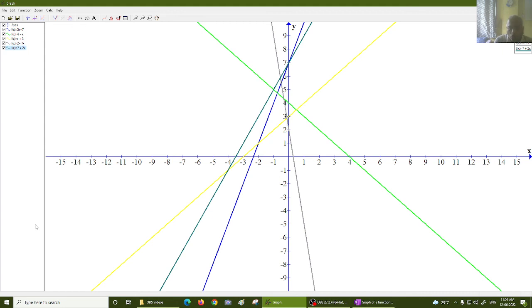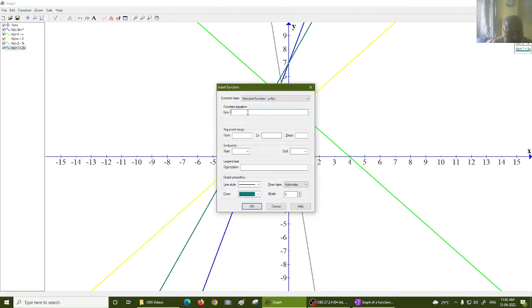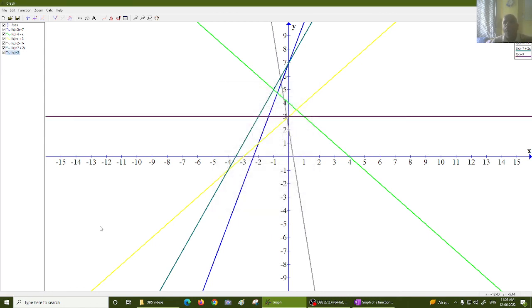Similarly, I had also talked about the constant function. Just try to recall the last video. If you consider constant functions, what kind of graphs you are going to get is very interesting. For example, f(x) = 3, let me use maroon color for that. You are going to get a straight line which is parallel to the x-axis.